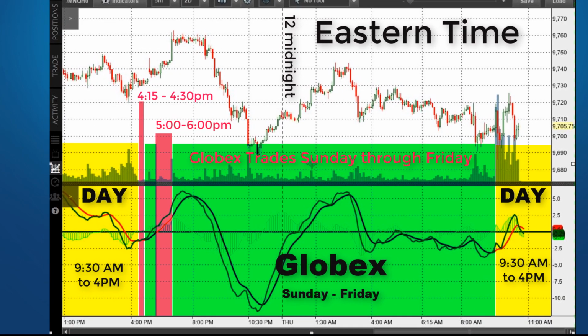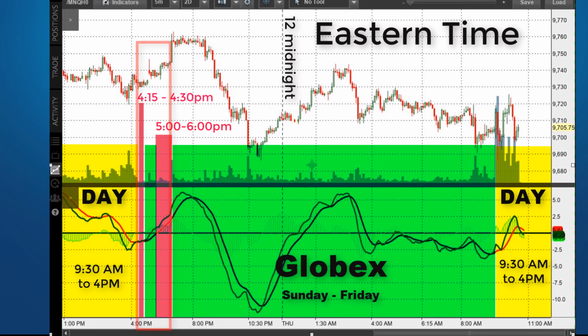The green is for Globex, and there you can see it. In the center of the screen almost is the 12 midnight, and all these times are Eastern time. Now look back over and you'll see when the day session ends at about 4 o'clock for the markets and 4:15 for the futures and the options.